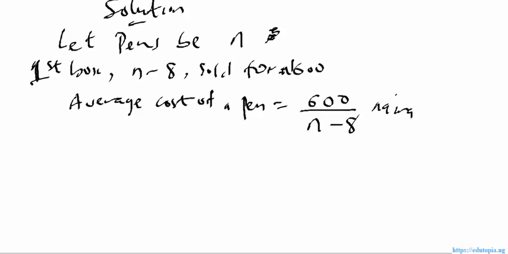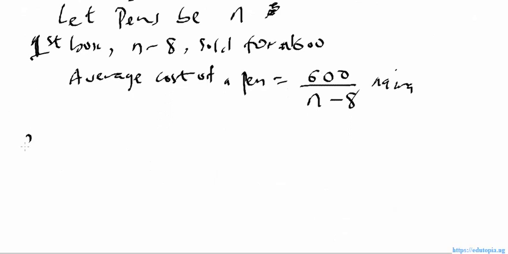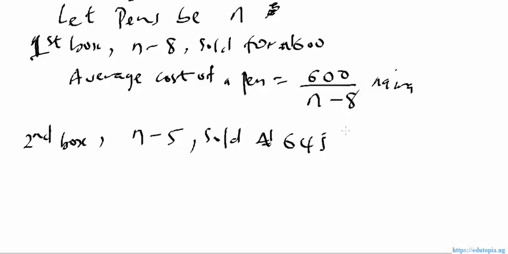Now in the second box, we were told that 5 pens were kept aside. She sold them for 645 naira and then kept 5 aside for herself. So automatically it becomes N minus the 5 that she kept aside, and then sold the remaining ones for 645 naira.